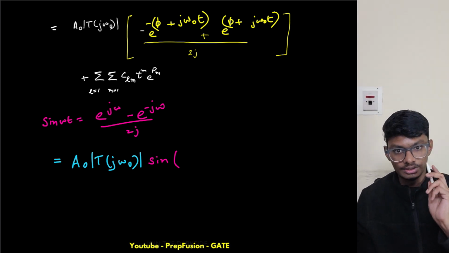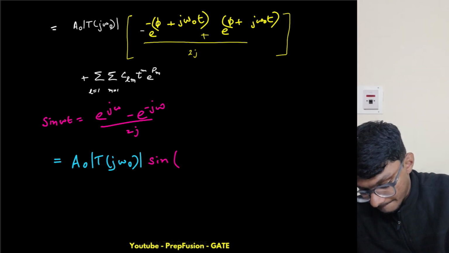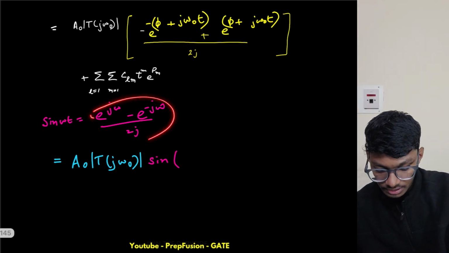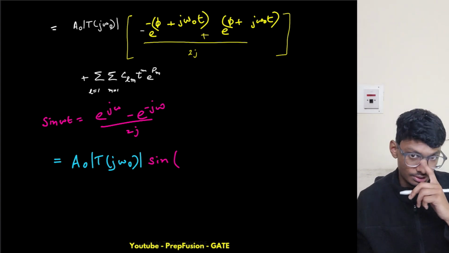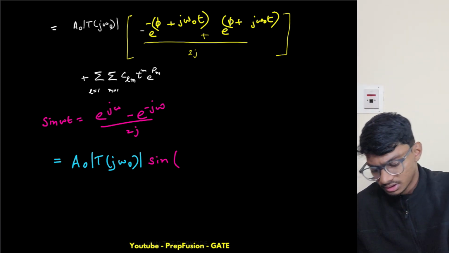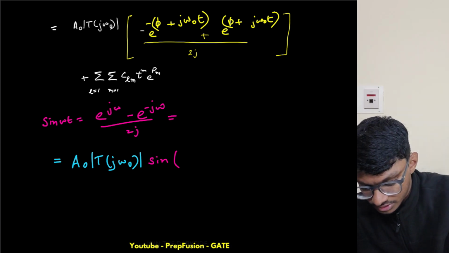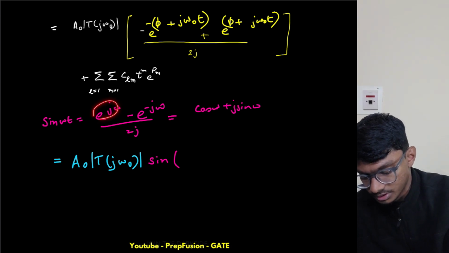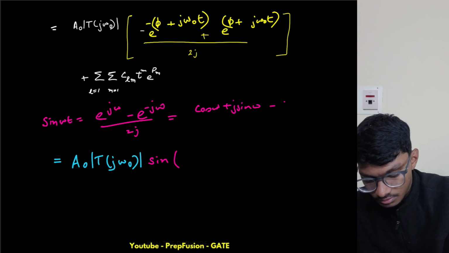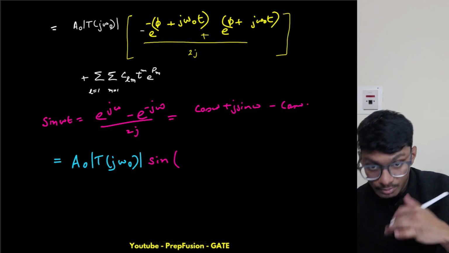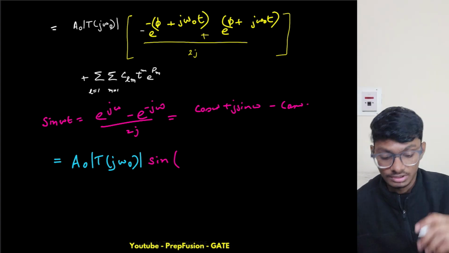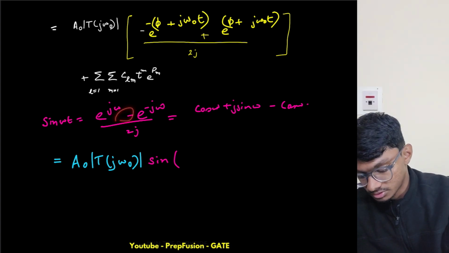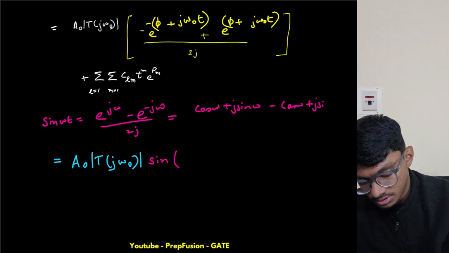That is what I did here. How is this happening? A few lectures ago I wrote the exponential form in terms of sine and cosine. If we break this down further, e raised to power plus j omega is cos omega plus j sine omega, and this is minus of cos omega minus j sine omega, but as I have a minus sign here also, this becomes plus j sine omega.